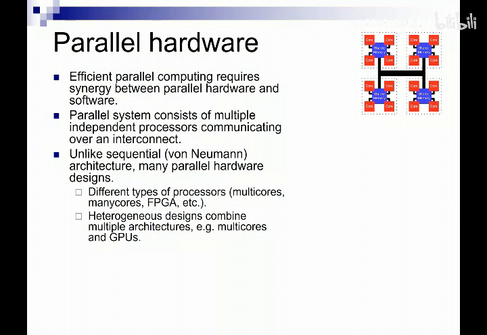For example, we can have multi-core processors, or many-core processors, or FPGAs, or other types of designs. I'll get into that more later.